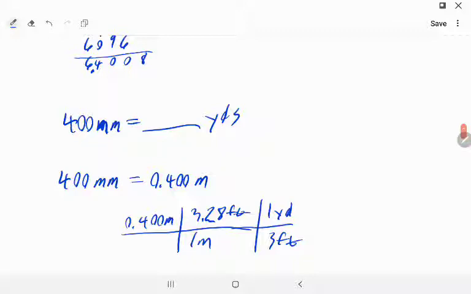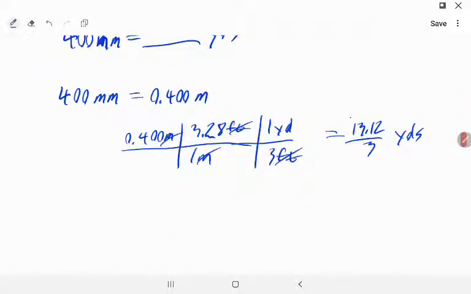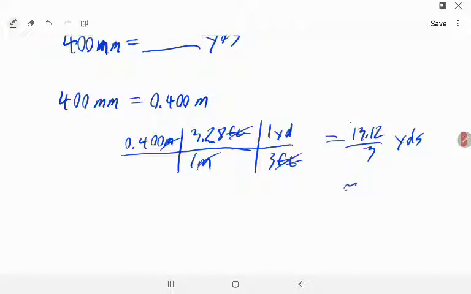We're going to get 6.56 is 13.12, we end up getting 13.12 divided by 3 yards, because we notice the feet go away, meters go away, and so then it's just a question of doing the division. That'll be around 4 1/3 yards. That's a very rough approximation.